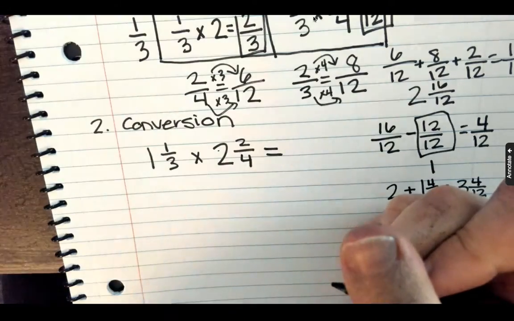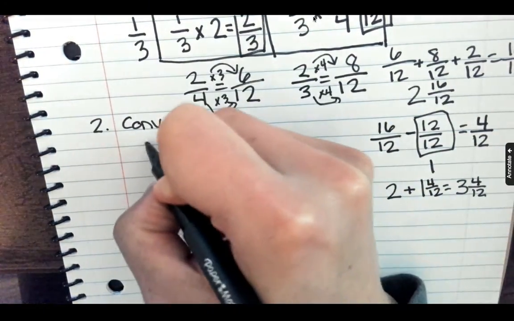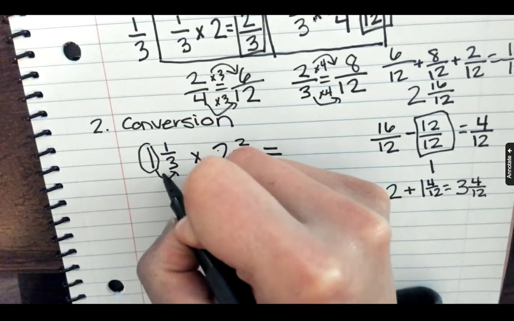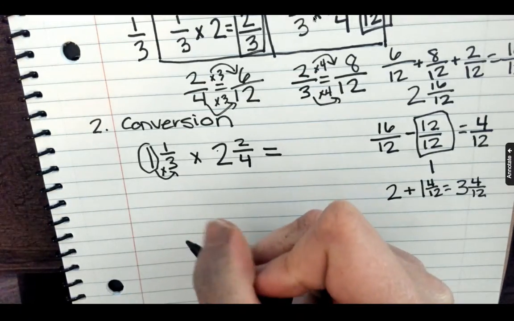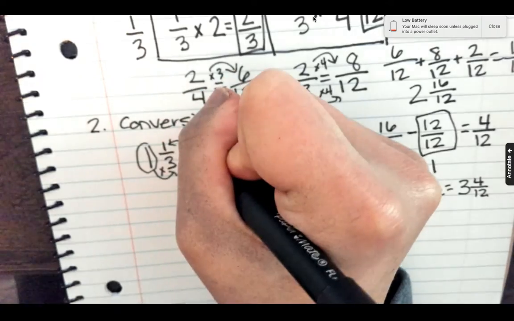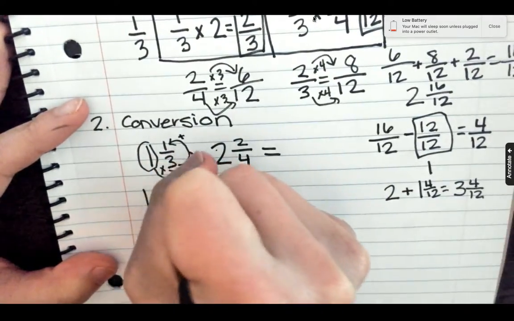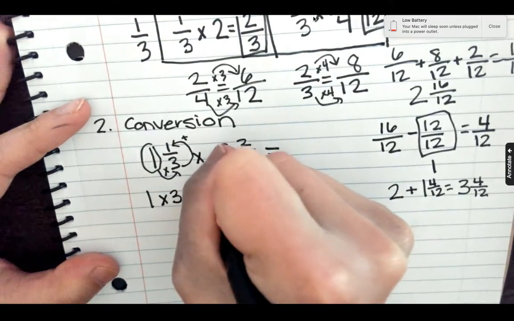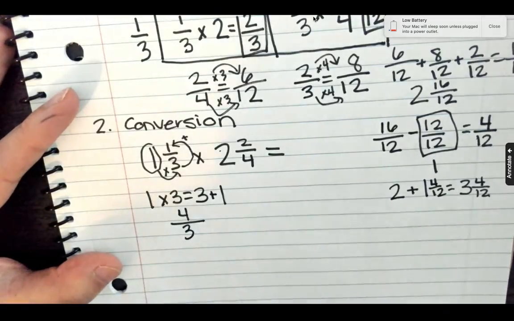In order to convert a mixed number to an improper fraction, we take our whole number and multiply it by our denominator. So 1 times 3 is 3. And then I add that to my numerator, so I add 1. So my answer is 4/3.